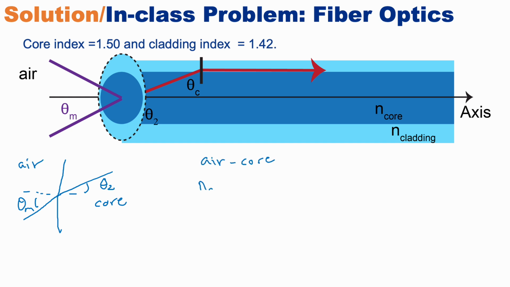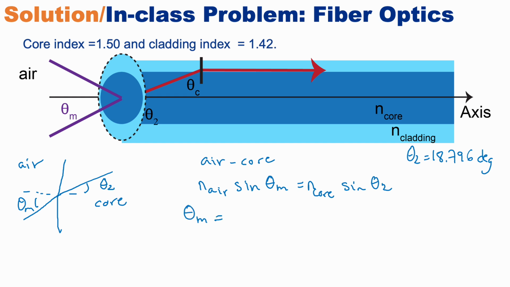I know that the refractive index of the air times the sine of my incident angle becomes equal to the refractive index of the core times sine of theta 2, and we already know that theta 2 is 18.795 degrees. So we can estimate the maximum angle as the inverse sine of n core over n air, remember that n air is 1, times sine theta 2.